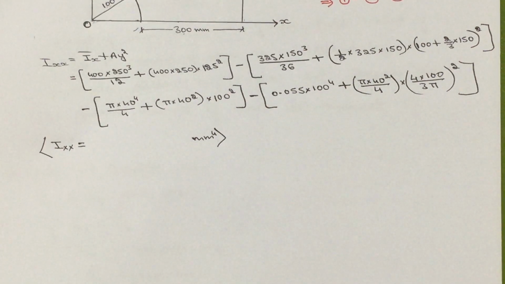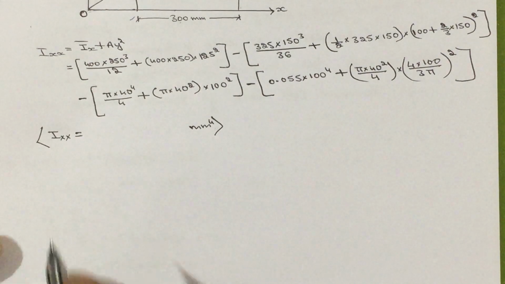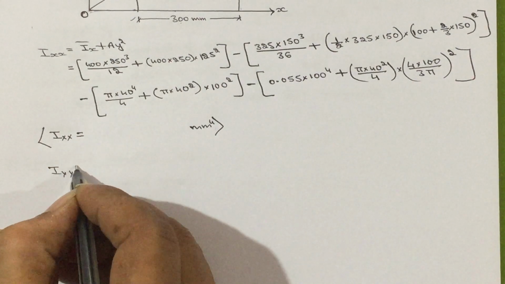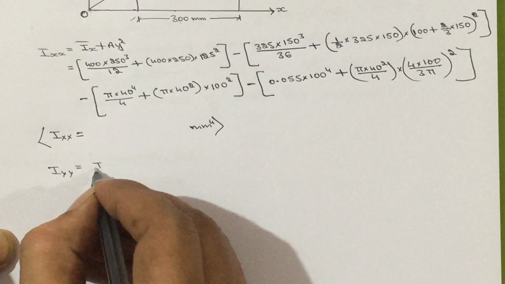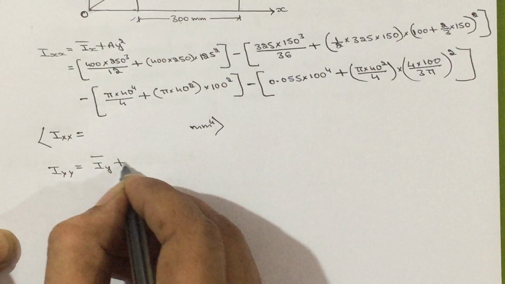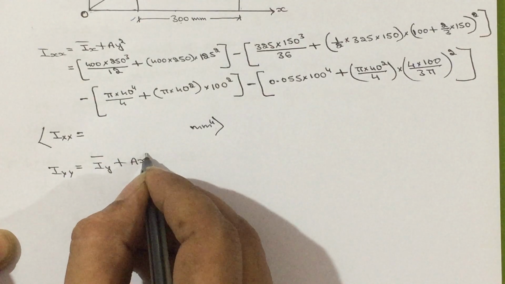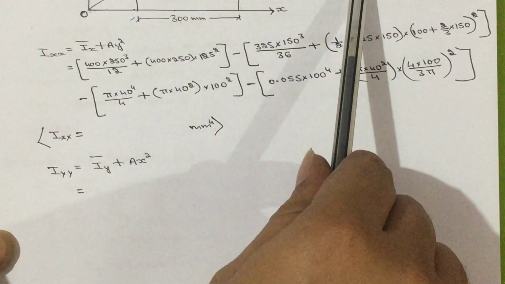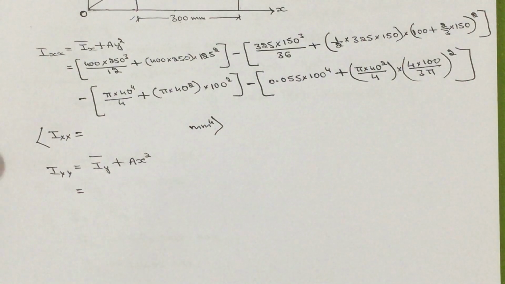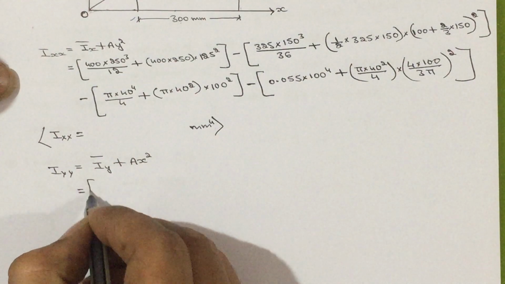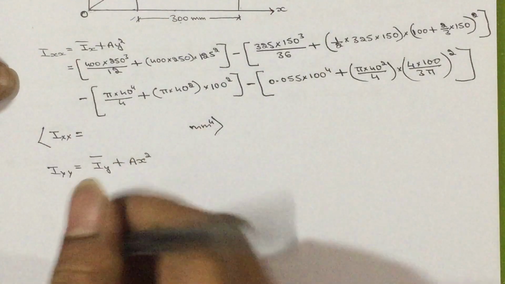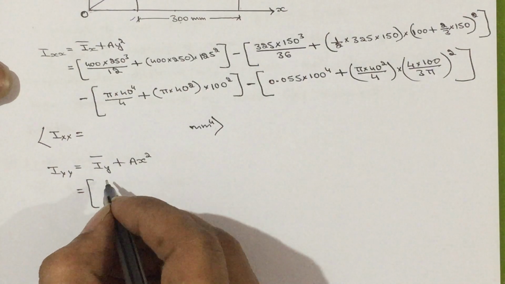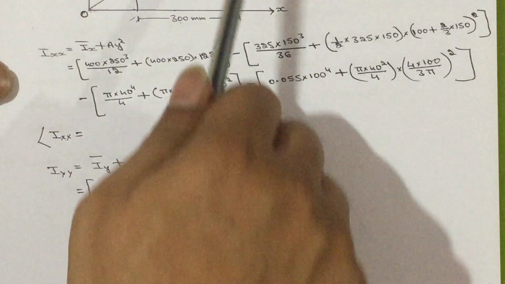Then go for, similarly go for Iyy. Iyy is given by Iy bar plus A into x square, and we will follow the equation. So, plus 1 is the rectangle. Iy bar is given by d b cube by 12. d is how much?